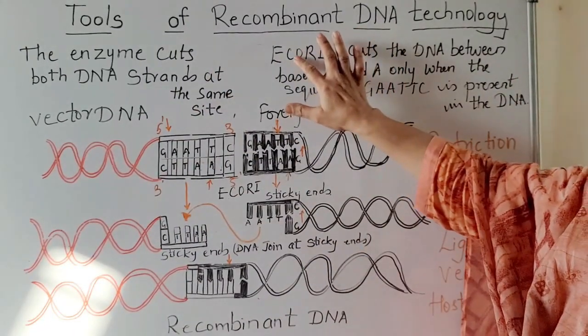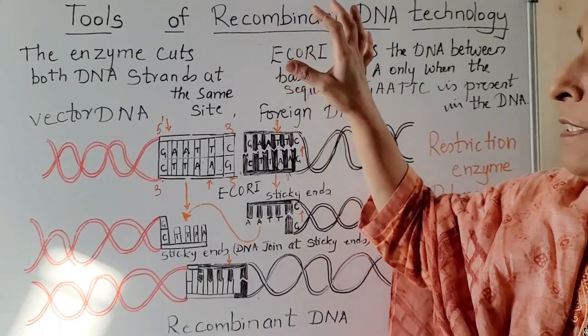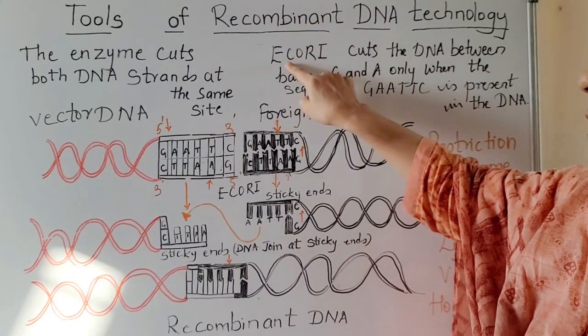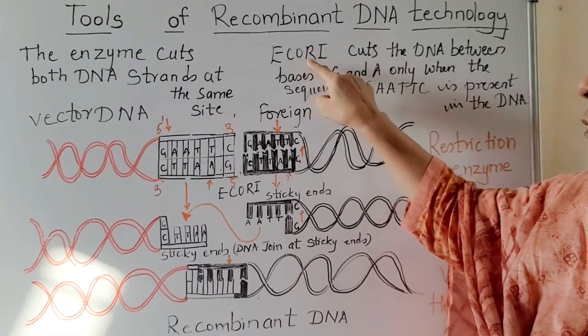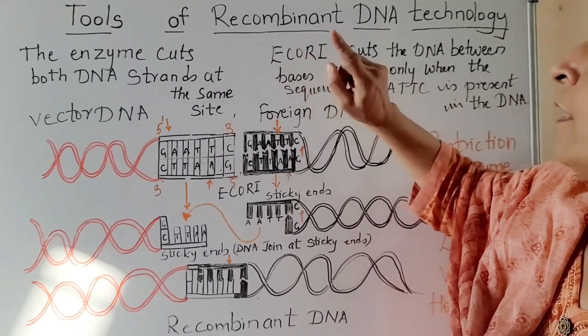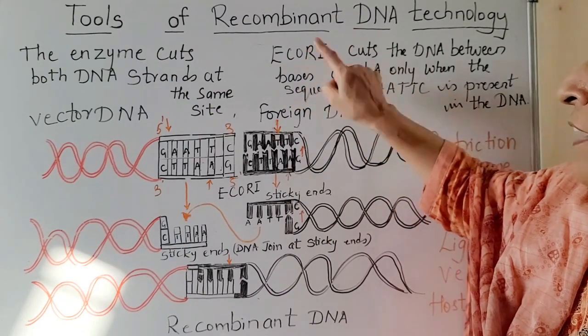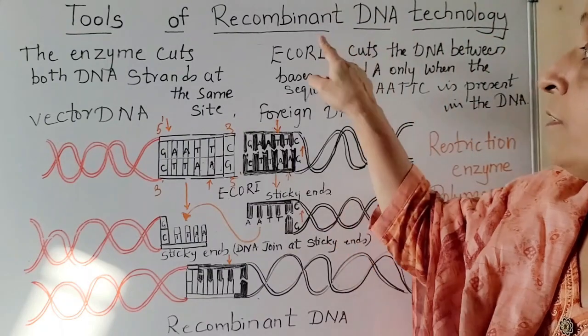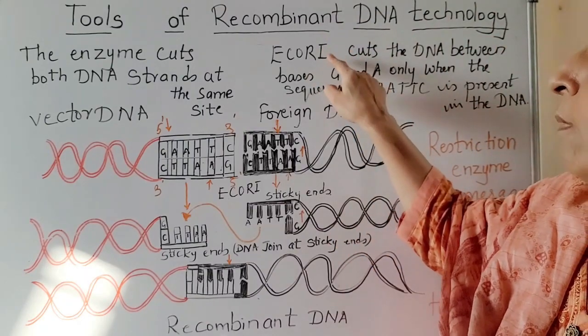Now the restrictive enzyme which we have used is EcoRI. E is for Escherichia coli. R is for the strain, and I is the Roman number, not the letter I but Roman 1.